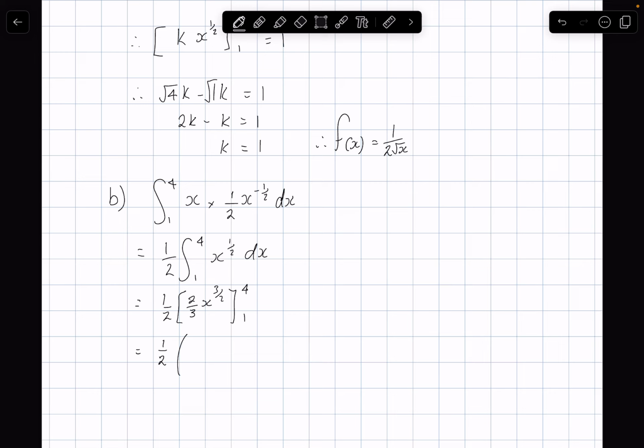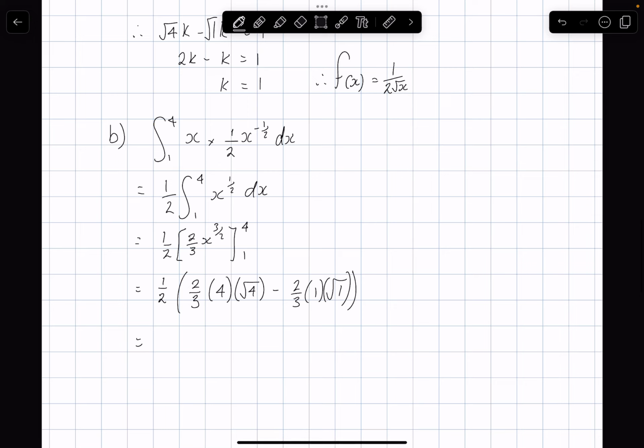So I've got 1 over 2 right out the front. 2 over 3. Now, x to the power of 3 over 2 is x root x. So I've got 4 times the square root of 4 minus 2 on 3, 1 times the square root of 1. Okay. Slowly roll through.